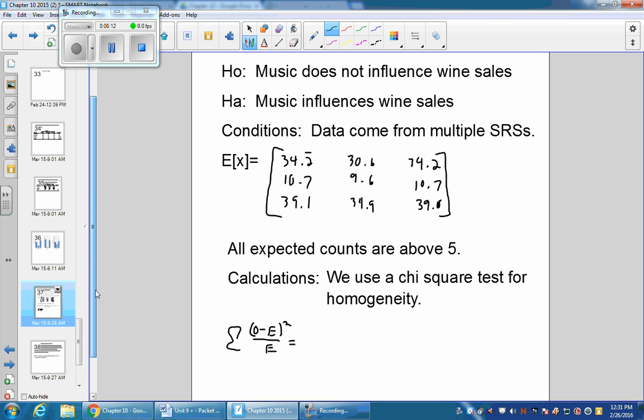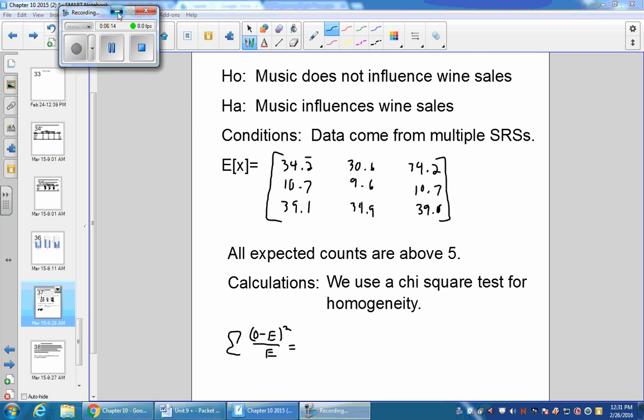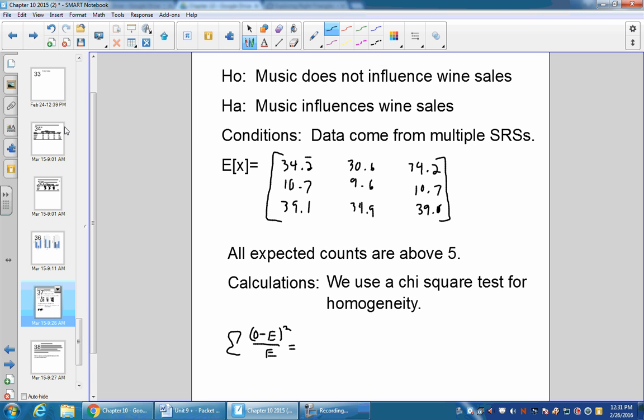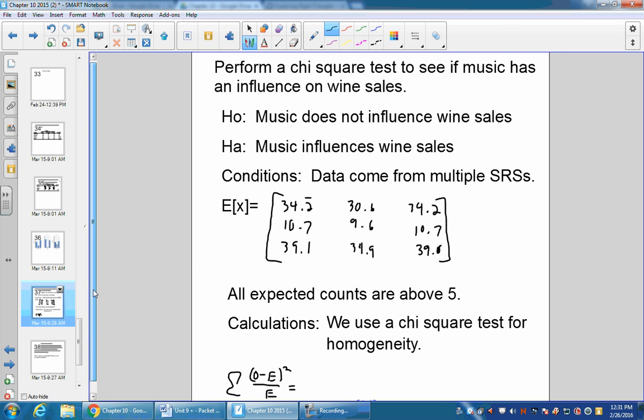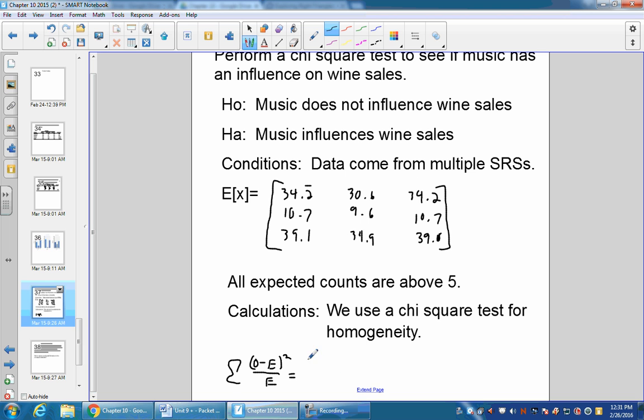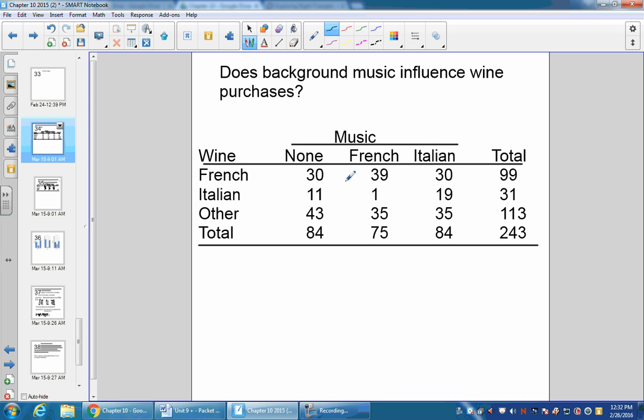Showing your work gets a little long for this. I'll show you the first couple, and then we'll go back to this. The first one is 30, so I'm going to say 30 minus 34.2 squared over 34.2, plus the next value, which is 39.